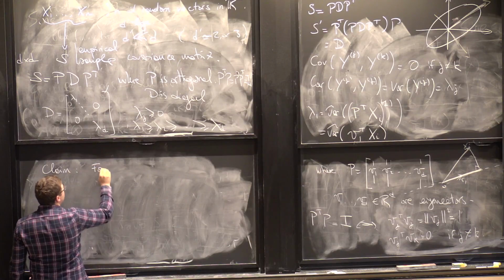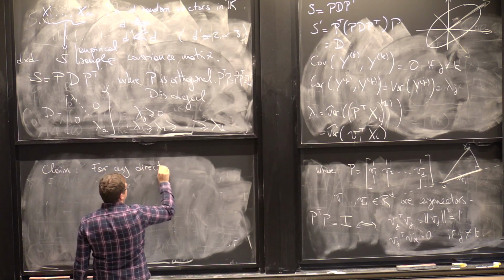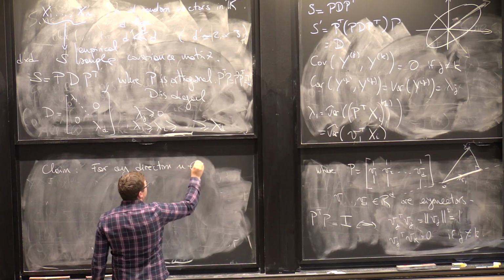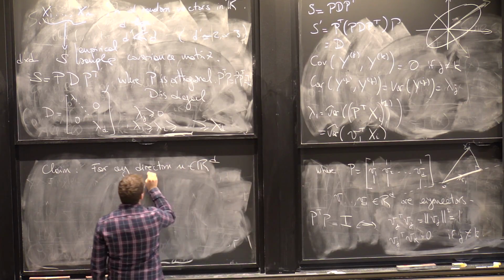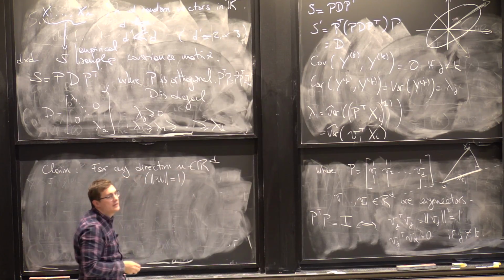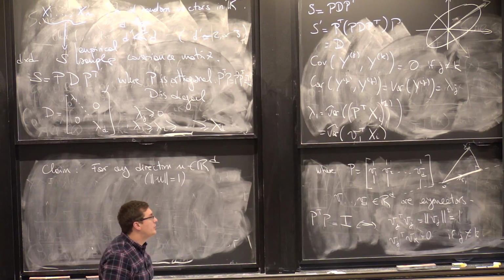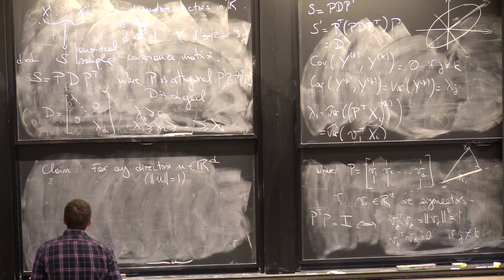For any direction u in Rd, and by direction I really just mean that the norm of u is equal to 1. Okay, I need to play fair. I'm going to compare myself to other things of length 1, so I need to play fair and look at directions of length 1.